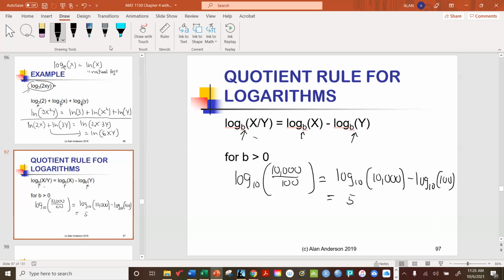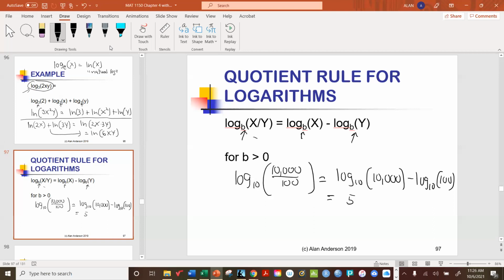Just for clarity, that's the reason. If I write ln 3 plus x, it's not clear if I mean log of 3 plus x or log 3, plus x. So for those cases, I definitely want the parentheses. But for single values, like a constant or an x, you don't actually need the parentheses.